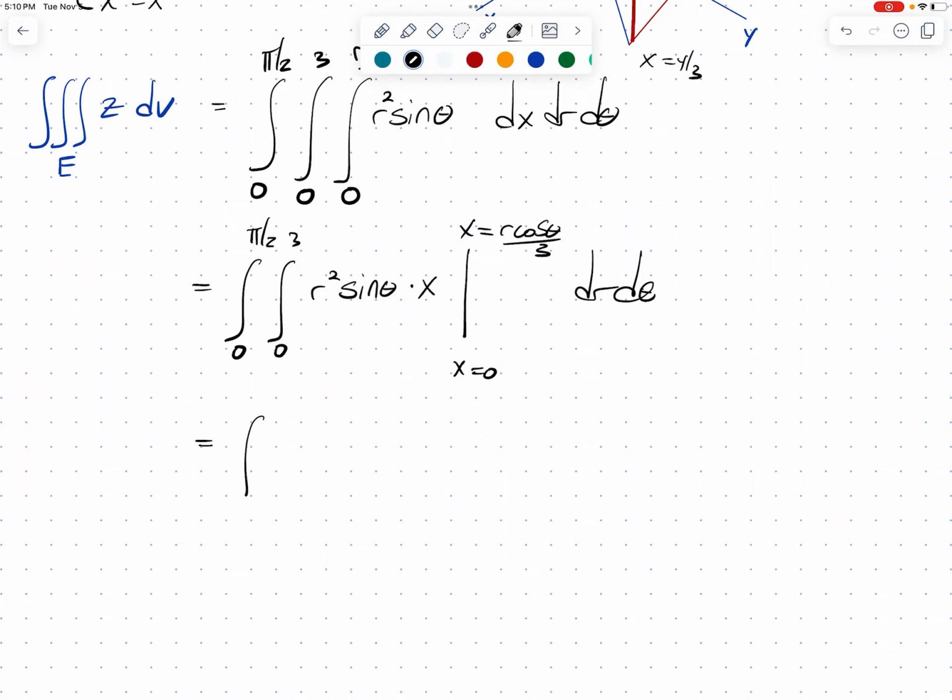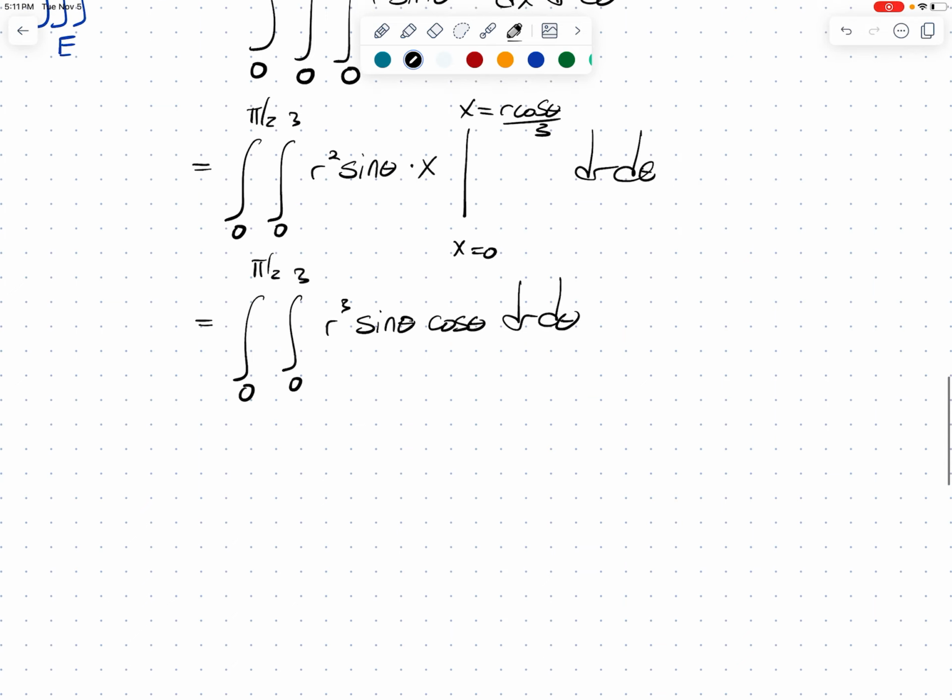And so I end up with 0 to pi halves, 0 to 3, r cubed sine theta cosine theta. And then when you go to plug in 0, you zero everything out. And so we're sitting right there.